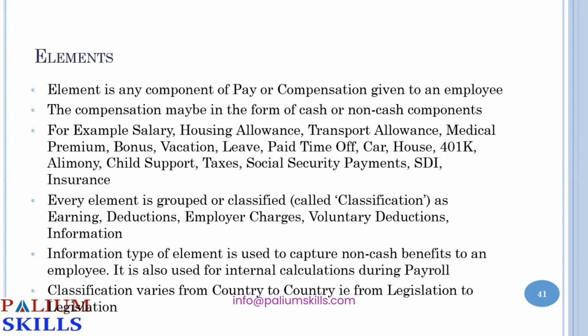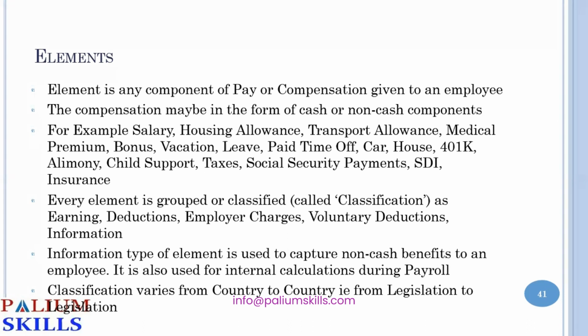So it can be salary, housing allowance, transport allowance, medical premium, bonus, vacation, leave, car, house, pension fund, gratuity, whatever you are giving to the employee, that is called an element and is assigned to an employee.